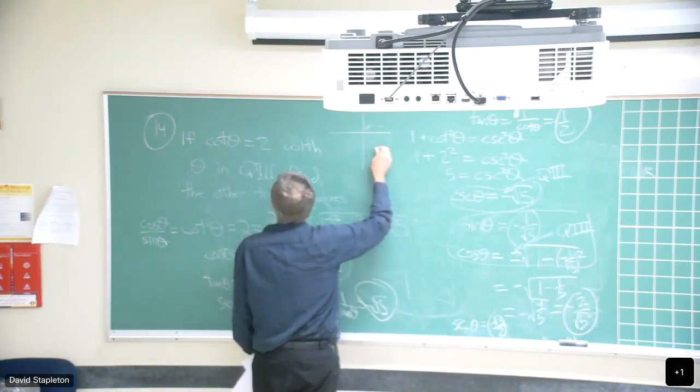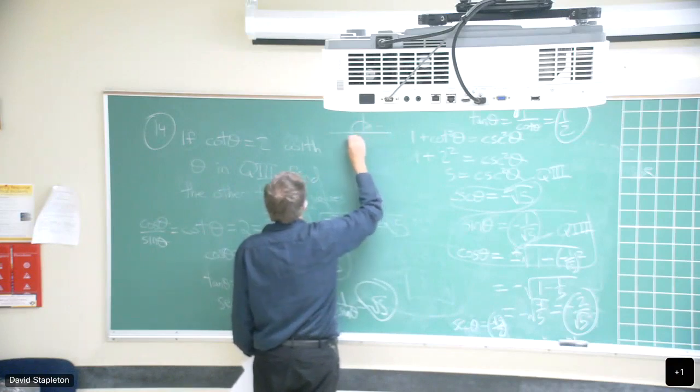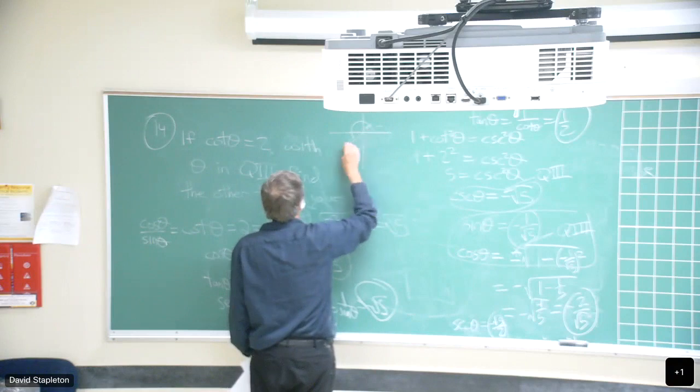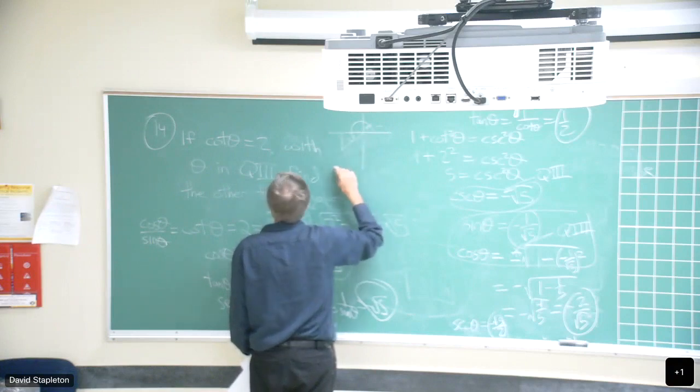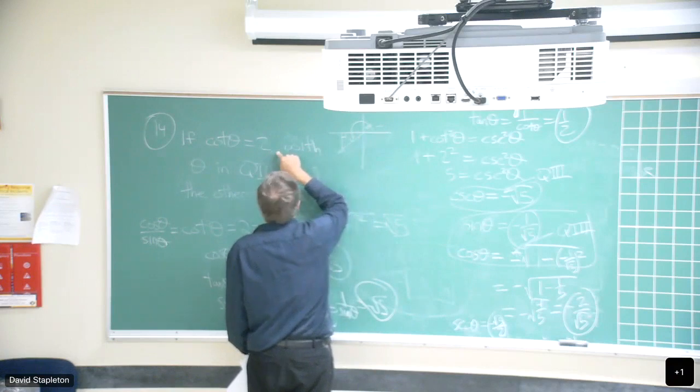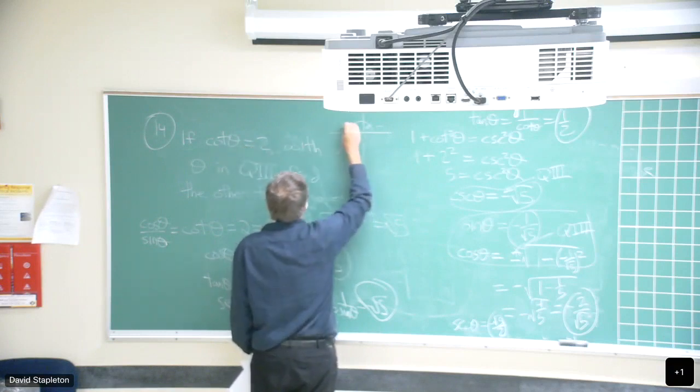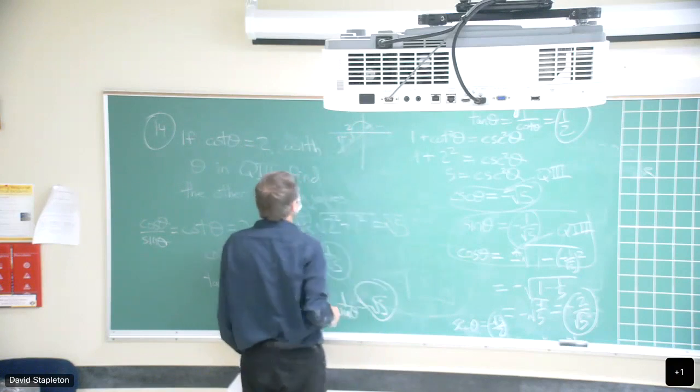Yeah, if you draw it in quadrant 3, and you say the cotangent is 2, all you have to do is make a triangle over here. You can do it on the unit circle, or you can just do any triangle, and say the cotangent is the x over the y, so this has to be a ratio of 2 to 1.